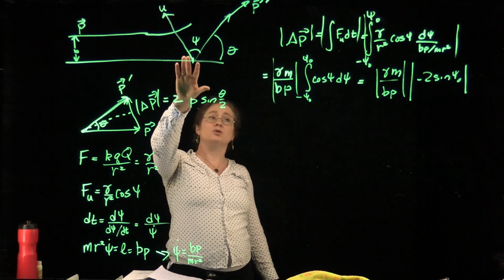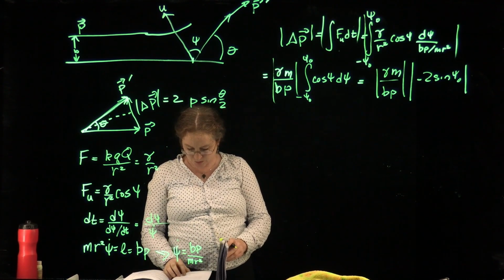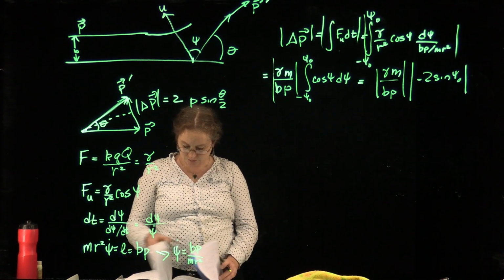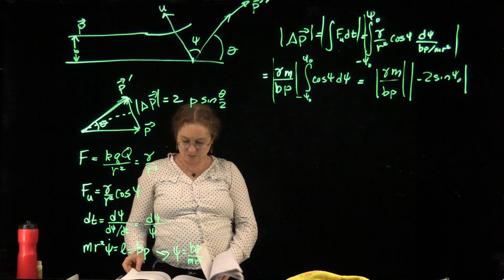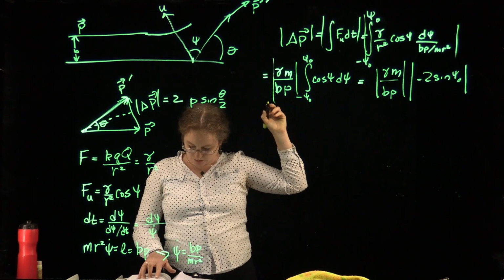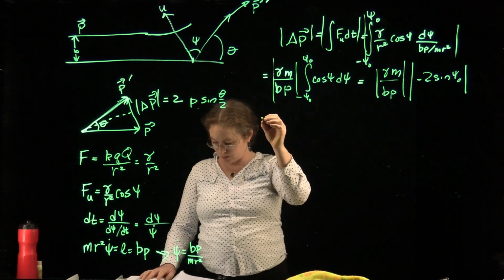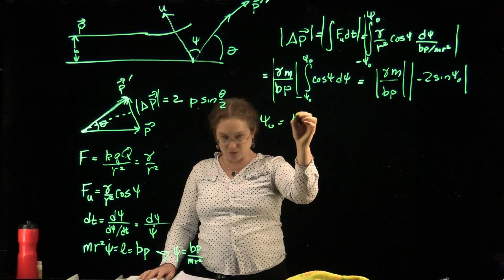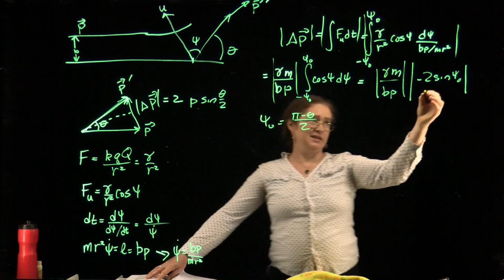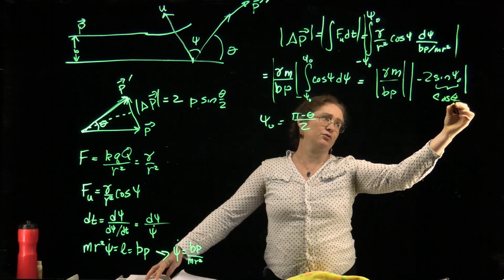So then this sine of psi naught is also equal to, this should have had in my diagram, okay, so here, because psi naught equals pi over 2 minus theta over 2, this guy here I can replace by cosine theta over 2.